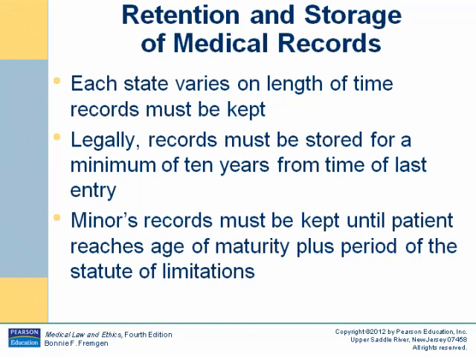It's generally 10 years from the date of the last entry, and with a minor, it's kept until they reach their majority, which is 21, plus the statute of limitations on all cases is generally 2 years. So in a minor's record, once they stop being seen, they have to reach 21 plus 2 more, so 23 years, a minor's record must be kept from the beginning.